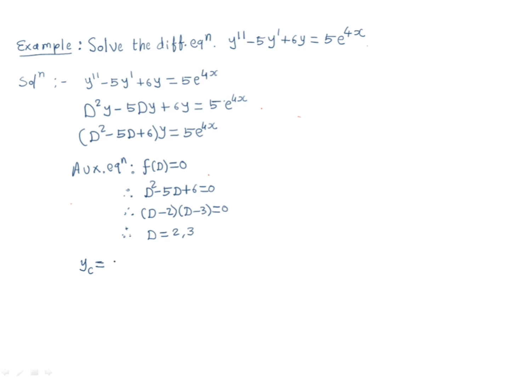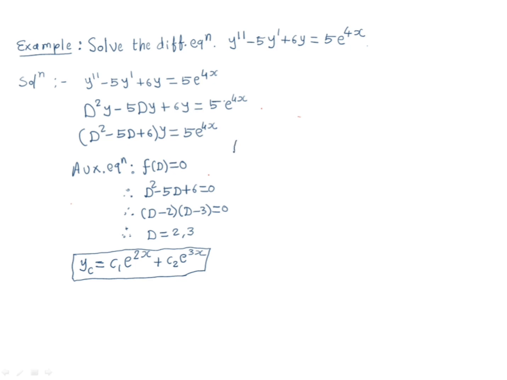Our CF will carry two arbitrary constants, c1 and c2. c1 for the first root 2, I am writing e raised to 2x, and for the second, c2 e raised to 3x. This is the way we write a CF for non-repeated real roots.